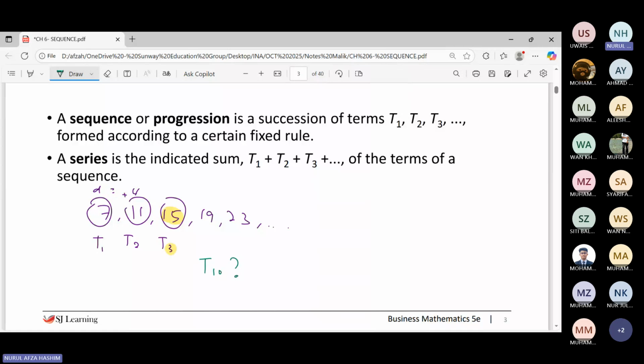So they will write T1, T2, T3, T4. You do until T10. Nilai dia berapa? You tambahlah manually. But most of the time, T1 we also consider as A. A refers to T1, the value at the first place.